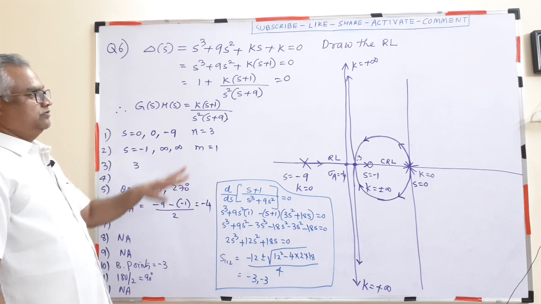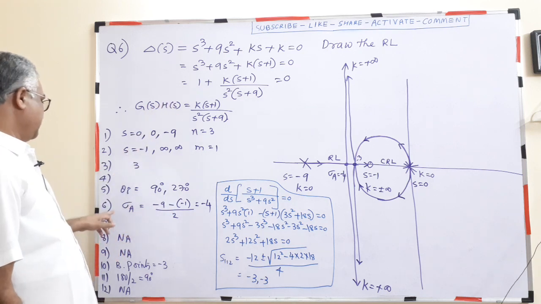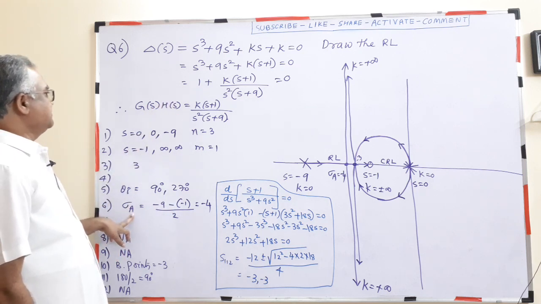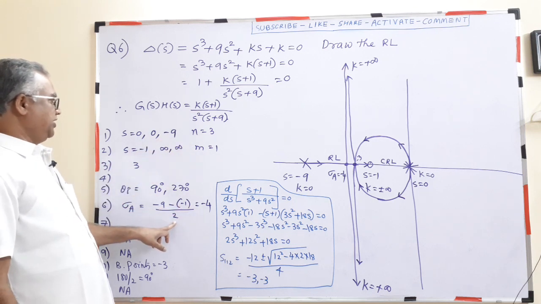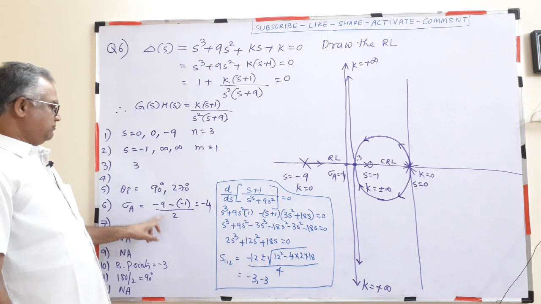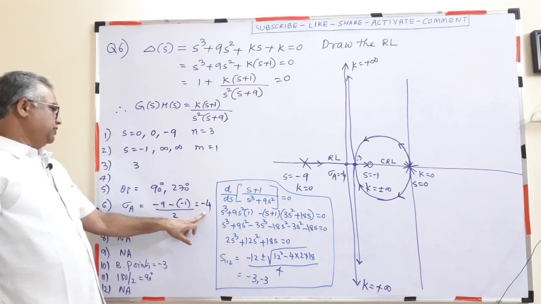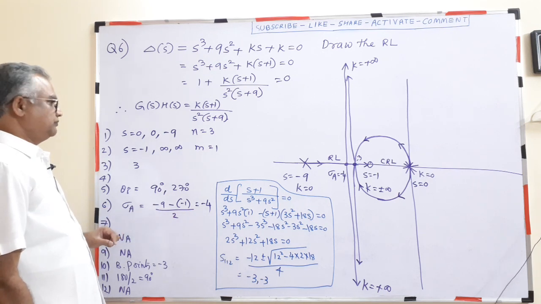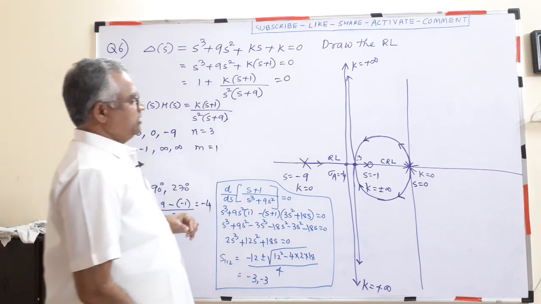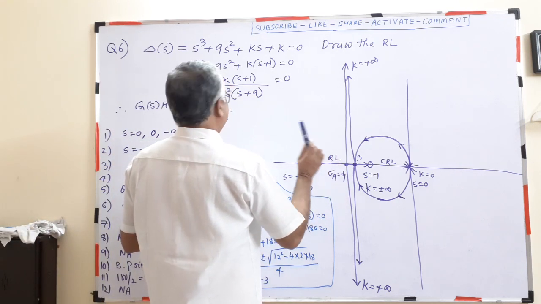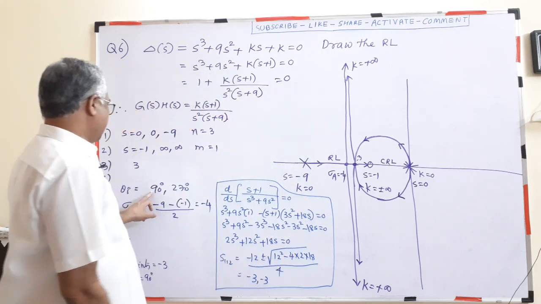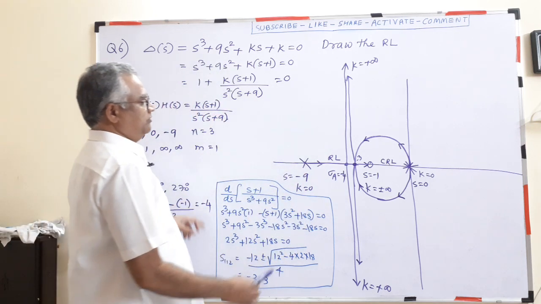For root locus, we are drawing only root locus. Then the intersection of asymptotes: sum of the poles minus sum of the zeros divided by n minus m, you will get minus 4. So at minus 4, the asymptotic angles are 90 and 270.